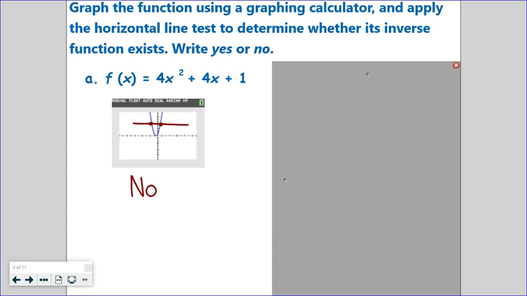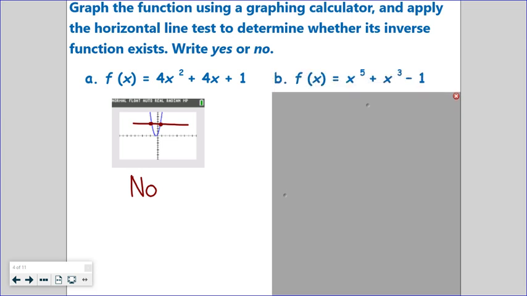Okay. The second one that I have up here has a particular place that we need to talk about. So if you will graph this next one, zoom in really close on it, and see if you can identify the little point on that graph that I think could be up for debate.